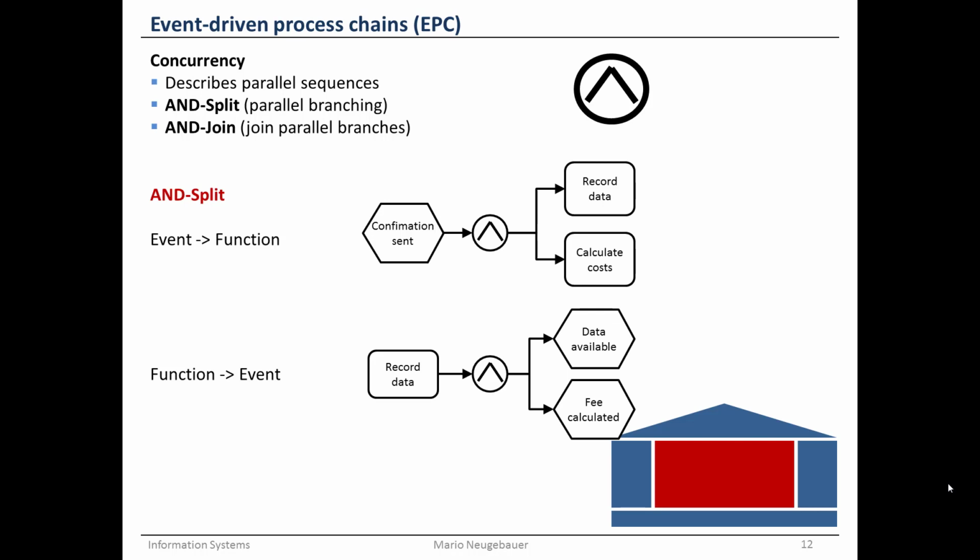Again, here a function is followed by an event. So you strictly have to follow the rule: function follows an event and event follows a function, even if you have this AND split here in between.